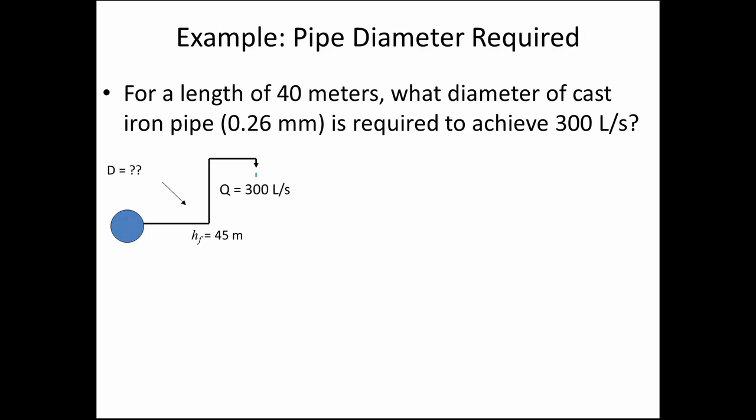So we'll illustrate that principle with an example. In this example, we have a pipe length of 40 meters, and we need to know what diameter of cast iron pipe is required in order to get 300 liters per second to flow through that pipe.